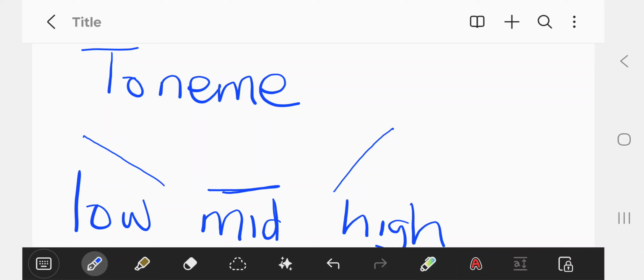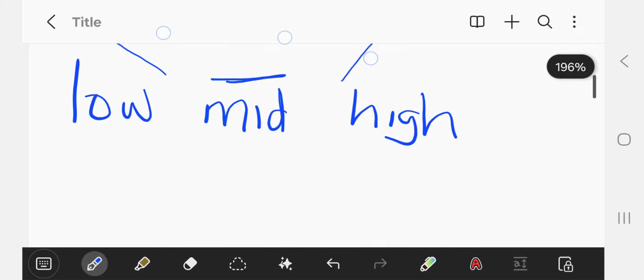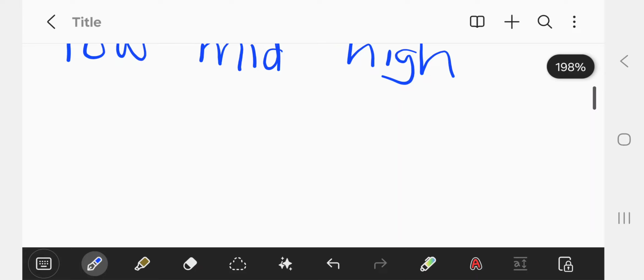All right, low, mid, high. So now I'm demonstrating it as I speak to you. Low, it is low, it is mid, and it is high. Don't forget, it helps you to show the different pitch that you have in the Yoruba language.